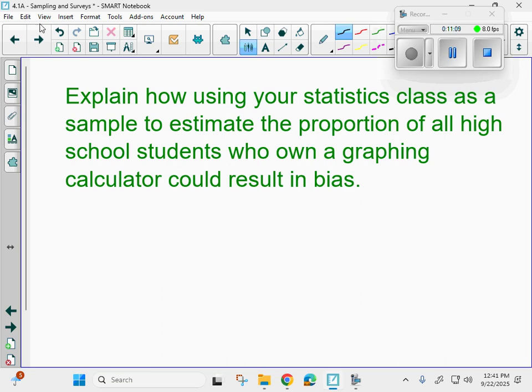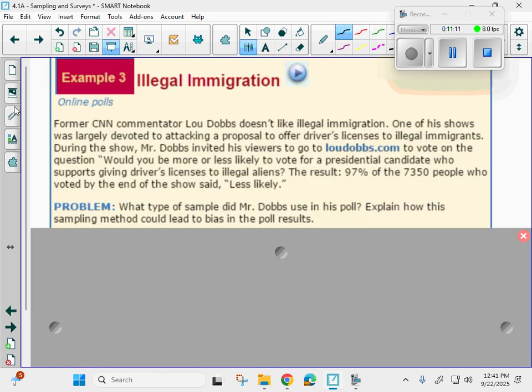Former CNN commentator Lou Dobbs doesn't like illegal immigration. One of his shows was largely devoted to attacking a proposal to offer driver's licenses to illegal immigrants. During the show, Mr. Dobbs invited his viewers to go to loudobbs.com to vote on the question: would you be more or less likely to vote for a presidential candidate who supports giving driver's licenses to illegal aliens?